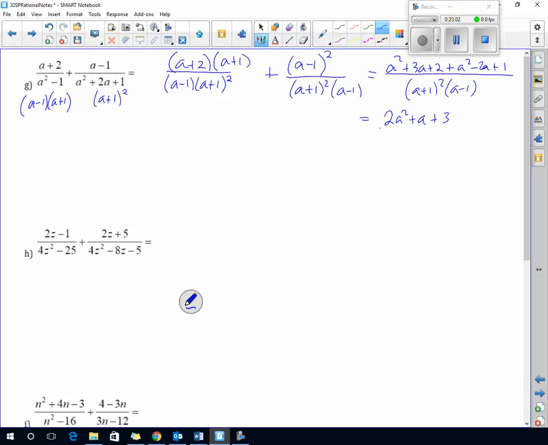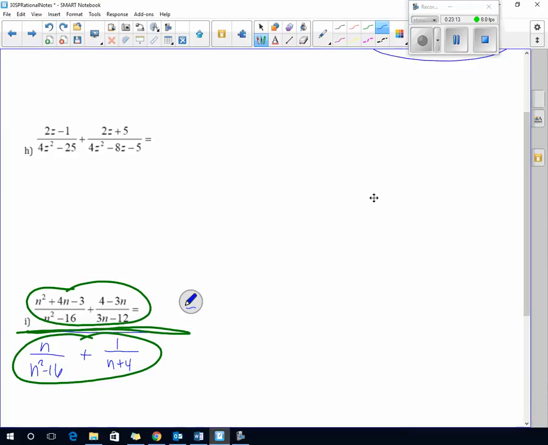Okay. This will be 2z plus 5, 2z minus 5, 2z plus 1. Is that what it is? Let me see if that works.